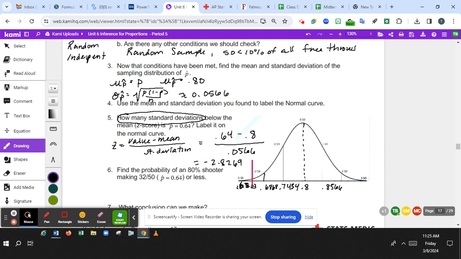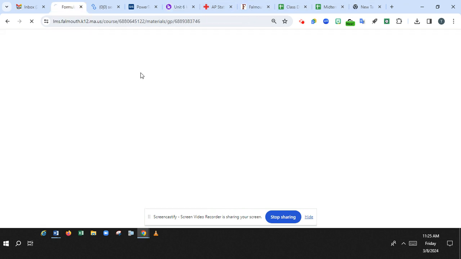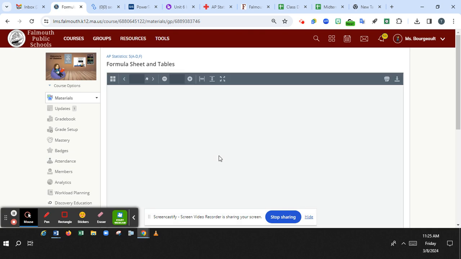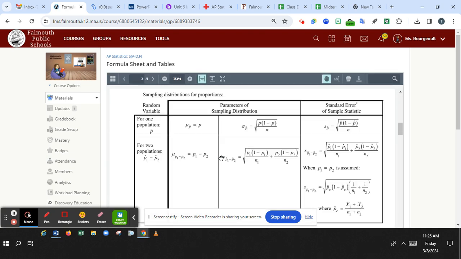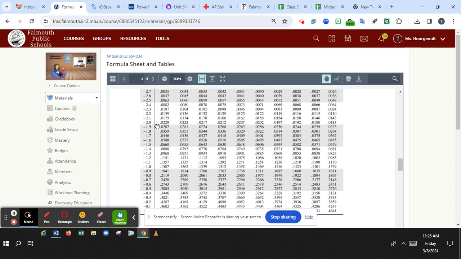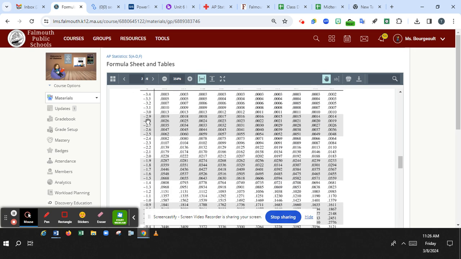Okay. So how do we find that probability? Well, we go to Table A and take a look on our formula sheet. And we find negative 2.83, so 0, 1, 2, 3.